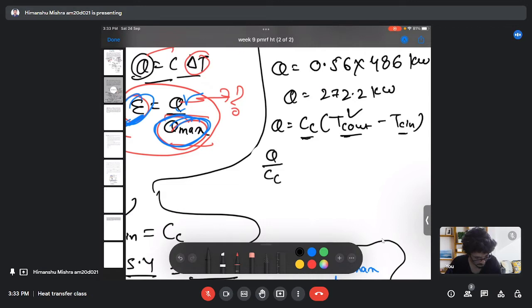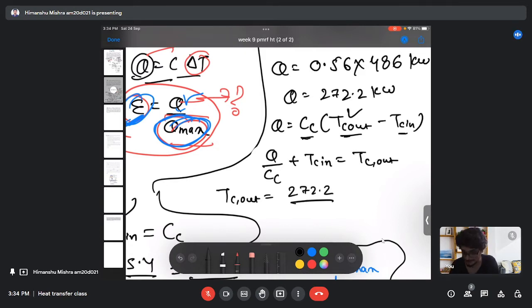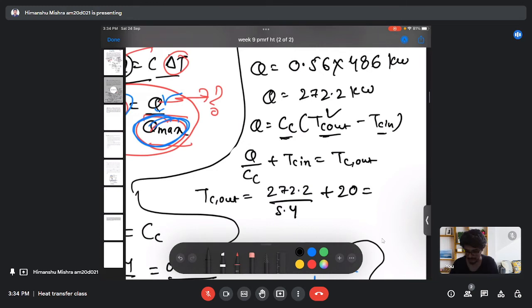So this can be given as: Q is my 272.2, and my heat capacity for the cold fluid, which is my minimum heat capacity also, is given by 5.4. Both are in kilojoule quantity and my temperature of inlet is 20 degrees Celsius. So on calculating this, I will get temperature outlet of cold fluid is 70.4 degrees Celsius.